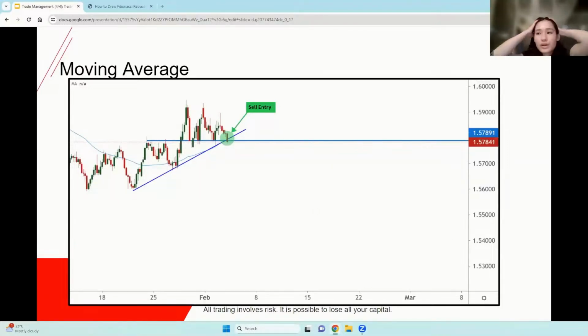So in this example, we are going in for a sell entry at this level here, with the 1.57891 level. Okay, so once price breaks out of that area, then we're going in for a sell. And the reason for that is because you can see that we have an ascending trend line.